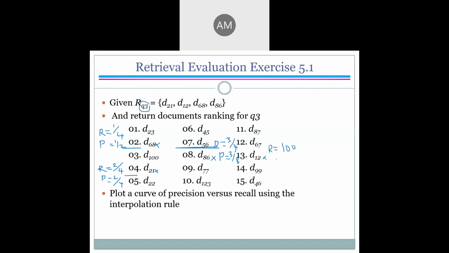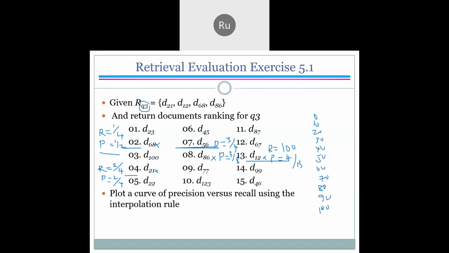Understand? 100%, and then the precision will be 4 over 13. Similar to what we have before, you have 10, 20, 30, 40, 50, 60, 70, 80, 90, and 100.